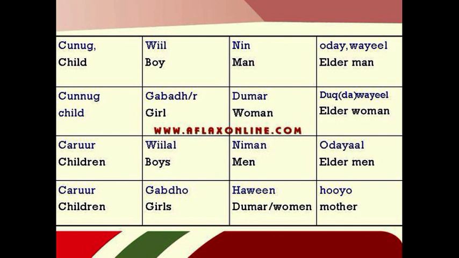The word waayeel, you can use for both men and women, it's kind of like elderly person, but oday is specifically for older men. There are some other words you can use, but there are two ways you can say elderly woman, duq or waayeel.